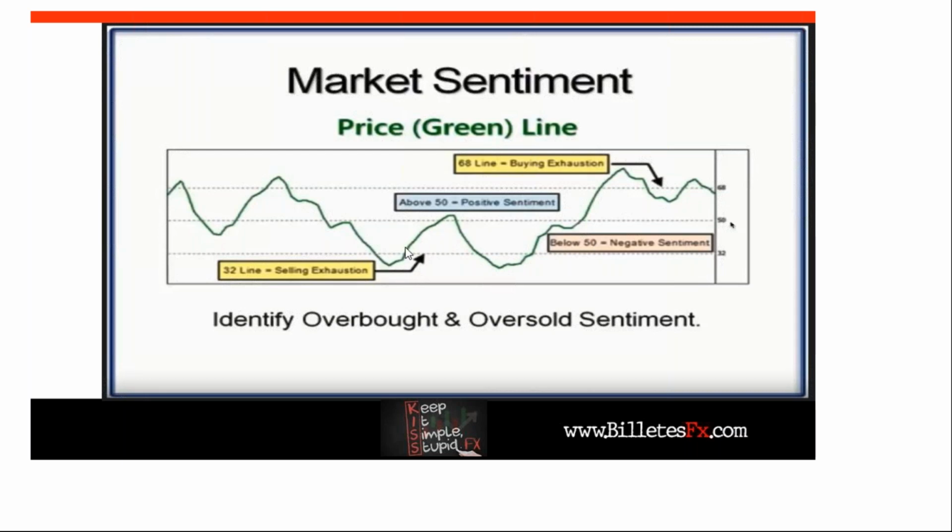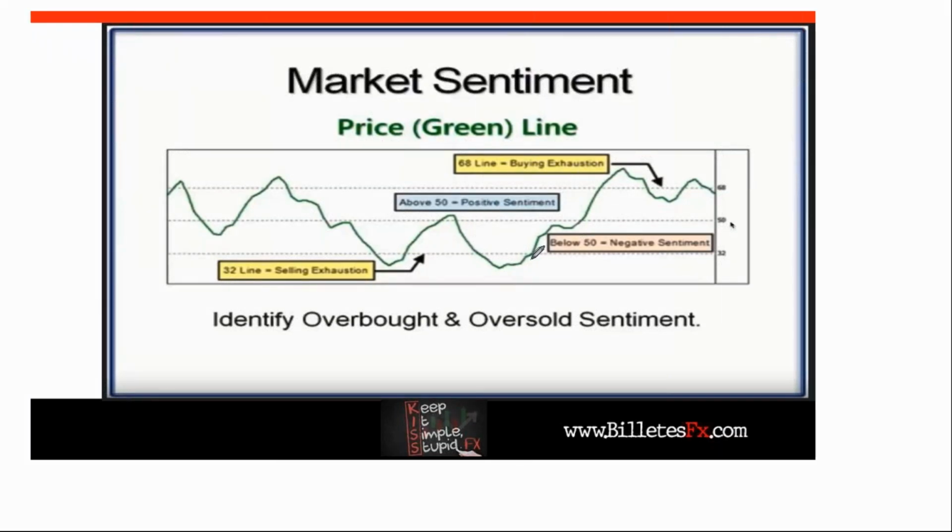Now look for buys. When current price is below the 50, it's negative, like the trend is to the downside. When it's below the 50, you're looking for sells. When it's above the 50, you're looking for buys. Let me explain it again.